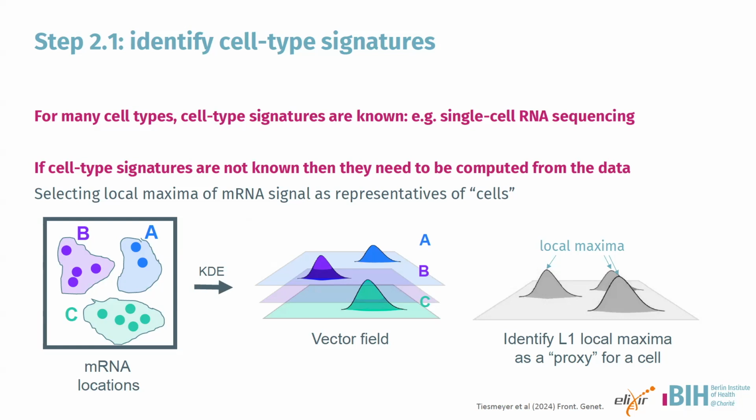After we apply our kernel density estimation, we get these smooth gene expression patterns, and then we look for local maxima. And we assume if the signal is high in a local region, it's probably the center of the cell. And if we take the gene expression at that pixel, it's very likely, or we hope, that it's representative of the cell's gene expression pattern. So this is another cheap way of actually identifying positions that are representative of cells within your tissue without any sort of reference.